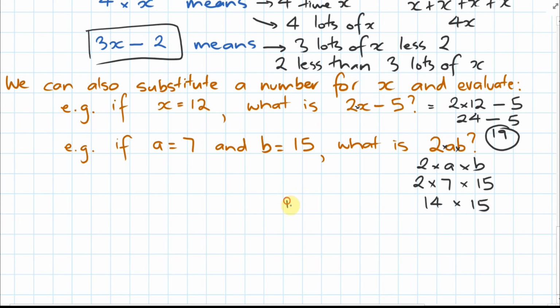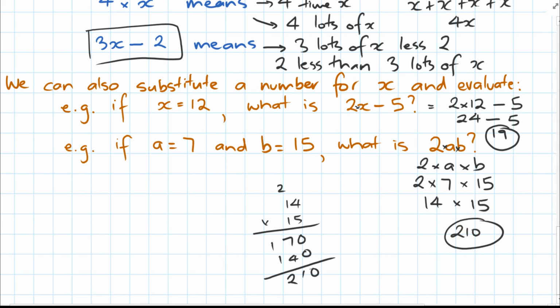And so 14 times 15, if we quickly do the multiplication, we end up with 210. So 210 there. So we can also substitute. We're changing the letters for numbers, so substituting those letters for actual numbers and then evaluating.